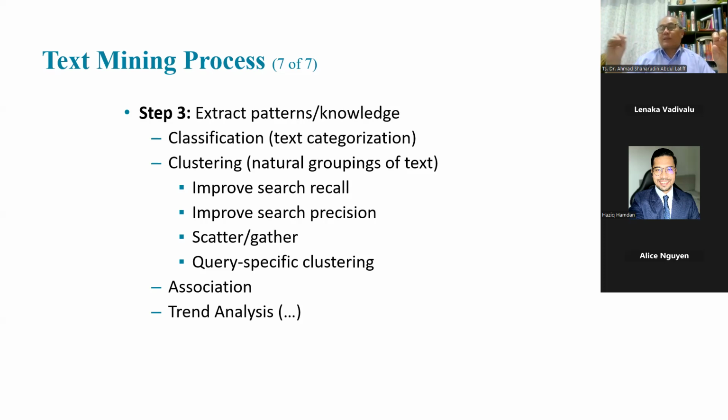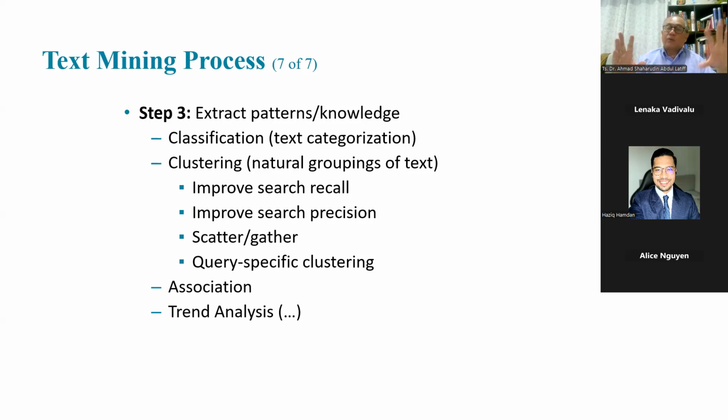So when we do text categorization, the categories should already be there. It can be a taxonomy or an ontology that we can use to categorize the terms into these categories. These terms are already in their root words, because of the pre-processing we have done to reduce them to their root words.